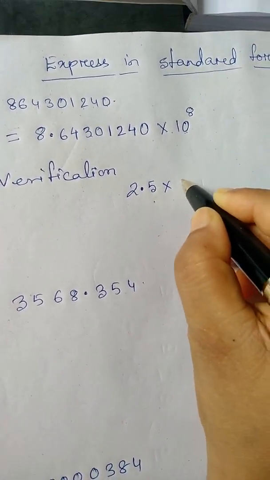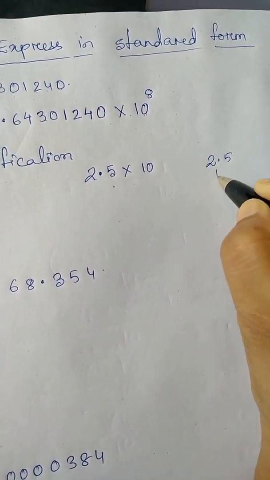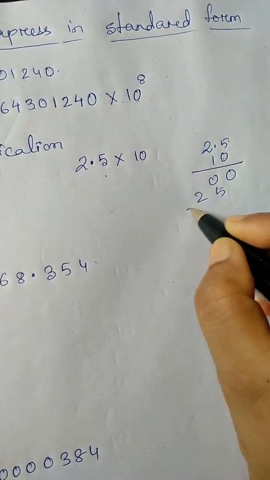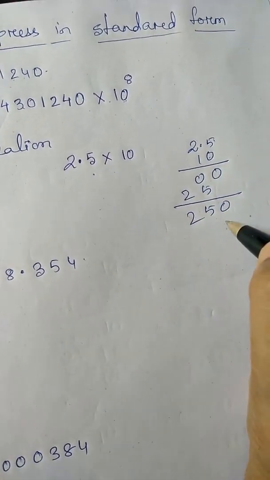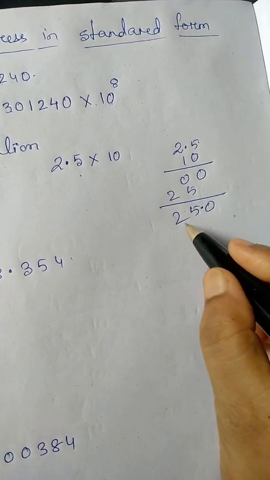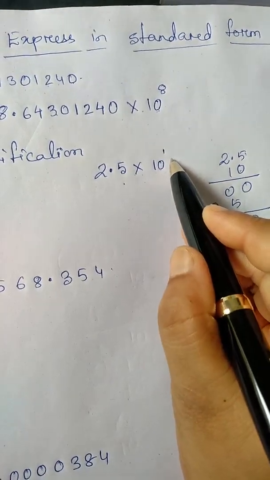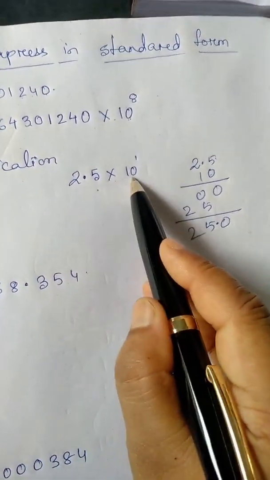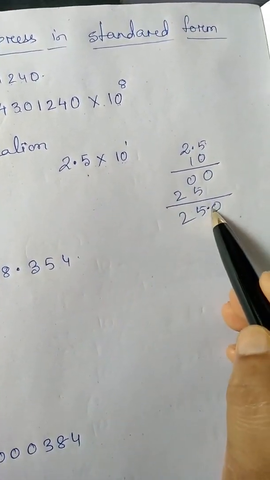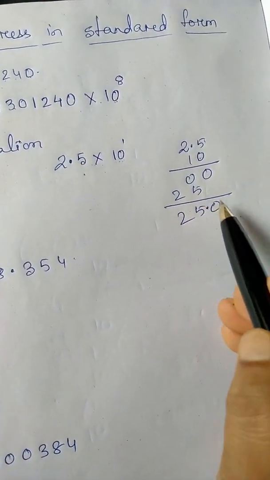2.5 into 10. What do we do at that time? 2.5 into 10 gives 25, so where will the decimal be? Now, if it is 10 to the power 1, that is 10, then 2.5 into 10 is 25.0, which is 25. So the point moves to the right side.